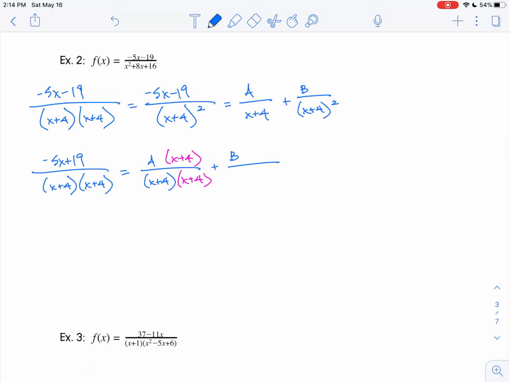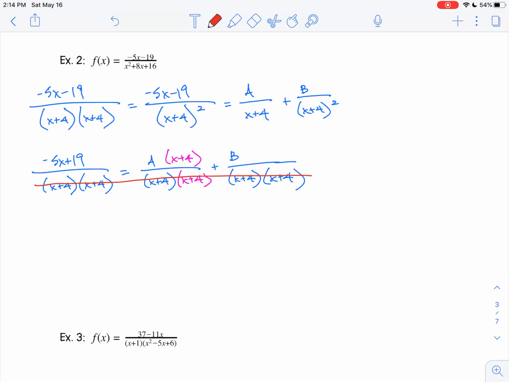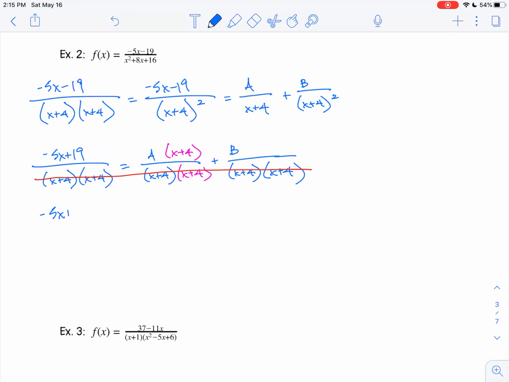Plus b over this one already has the same denominator, so I don't need to multiply it by anything other than 1. Now that all my denominators are the same, I'm going to cross those out and write an equation only dealing with the numerator. Negative 5x minus 19 equals a times x plus 4 plus b.